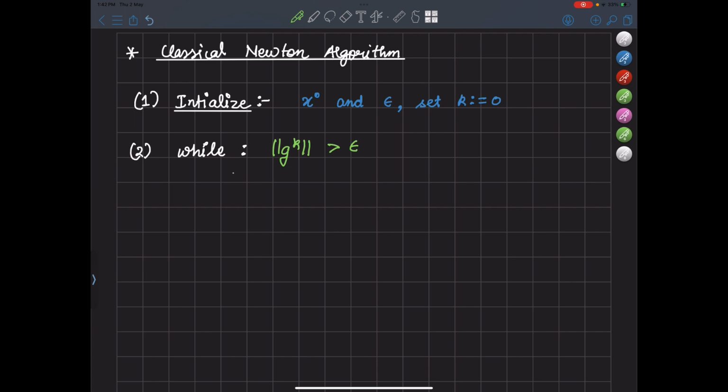And the first step is, what is the descent direction? The descent direction is given by minus Hk inverse gk. We set the step length alpha k equal to 1. Then we update the value of x, and we also update the iterate, and we end the loop.